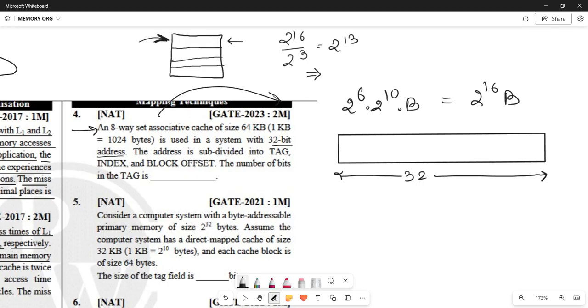The number of tag bits, the block offset, the tag bits.